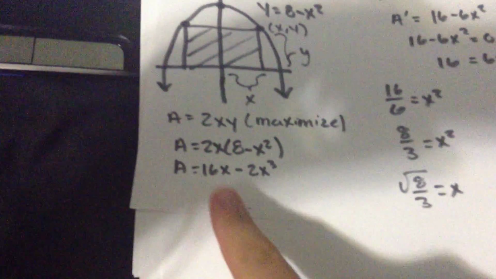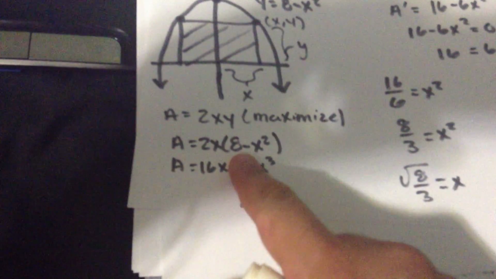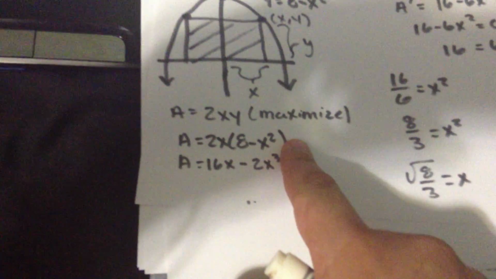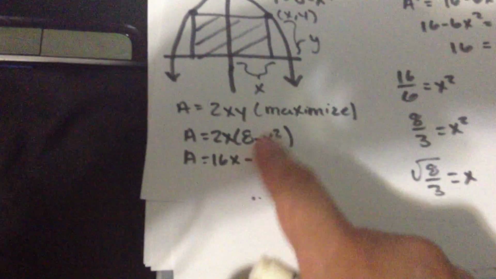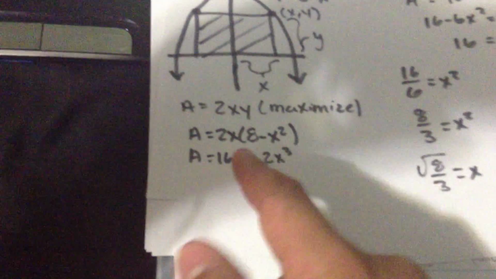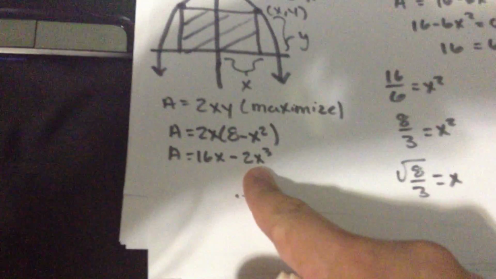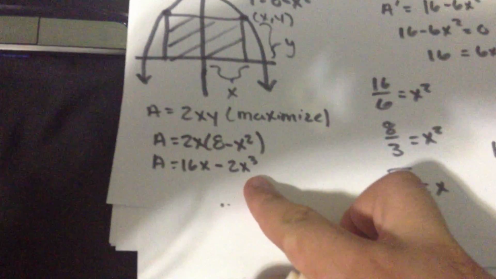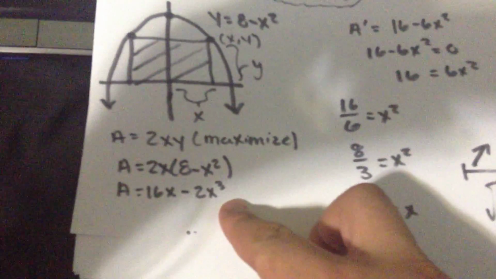So the area equals 2x times 8 minus x squared. You could use the product rule, but it'll be easier if you just clean it up, and finding the derivative will be much easier. So it'll be 16x minus 2x to the third.